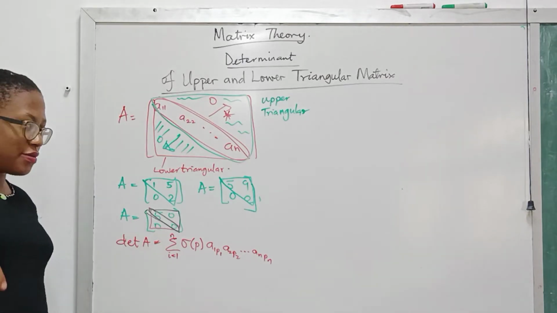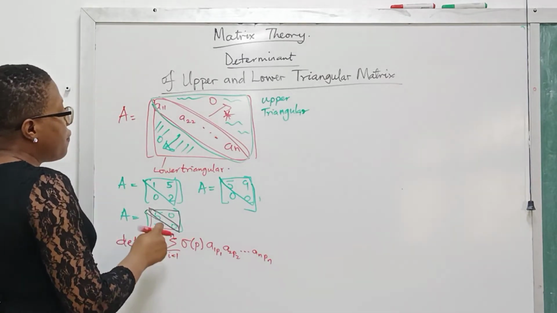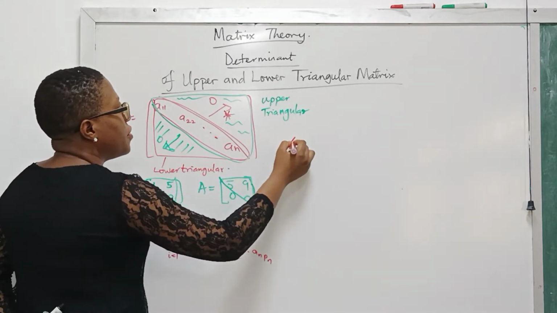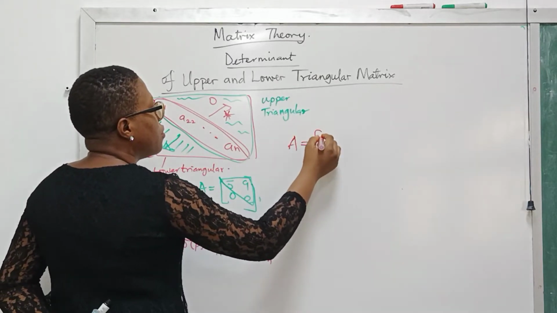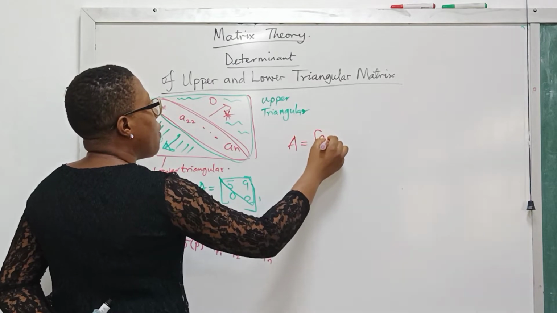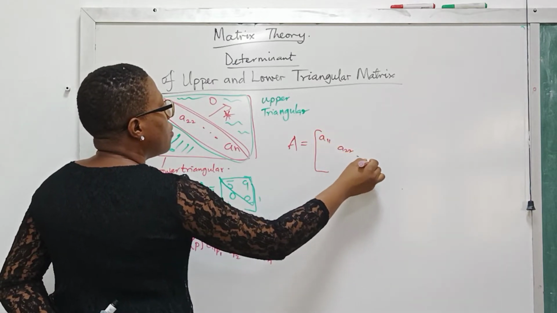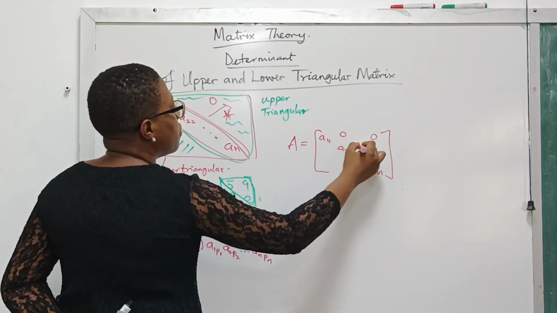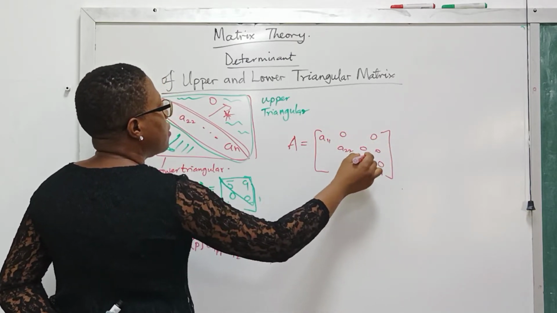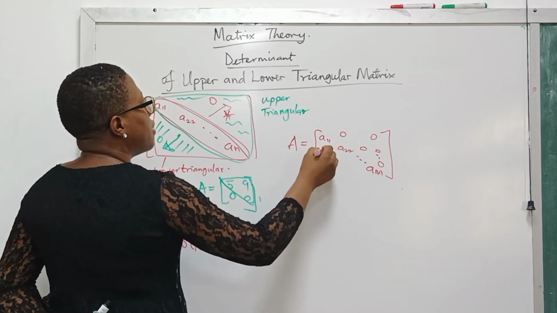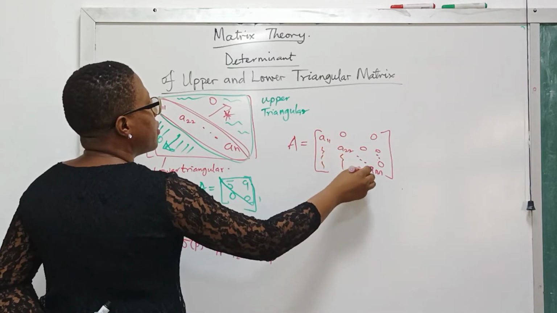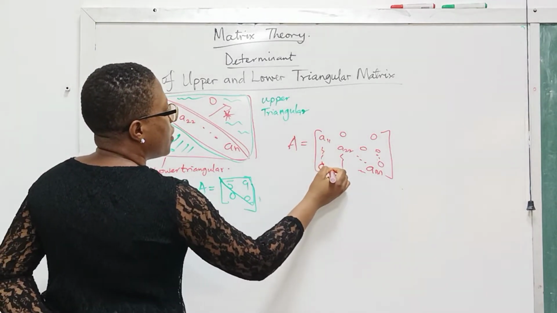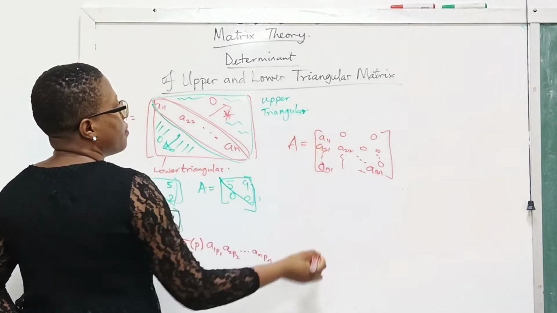I want to help you to see that if I have a matrix A equal to A11, A22, up to ANN, and let's say that it's an upper triangular matrix, then every other thing here will be 0, and every other thing here will be any other elements.